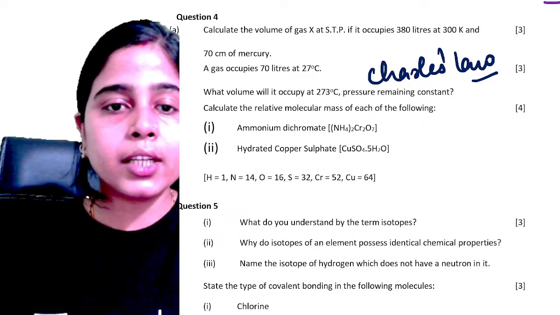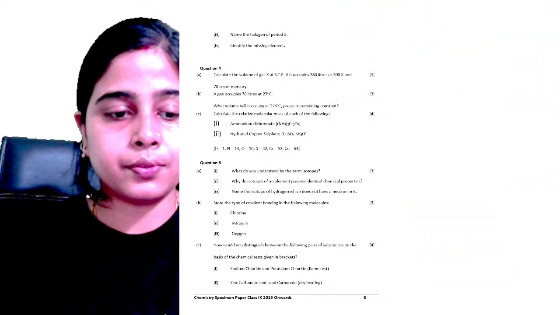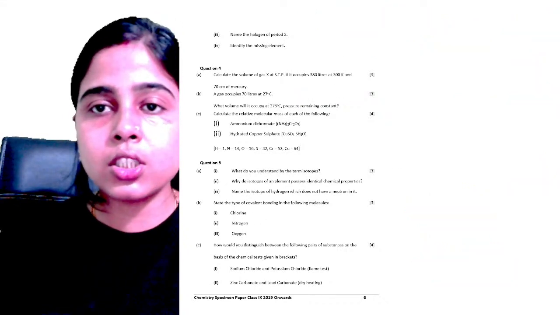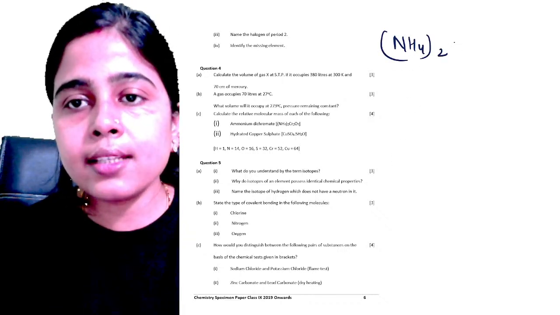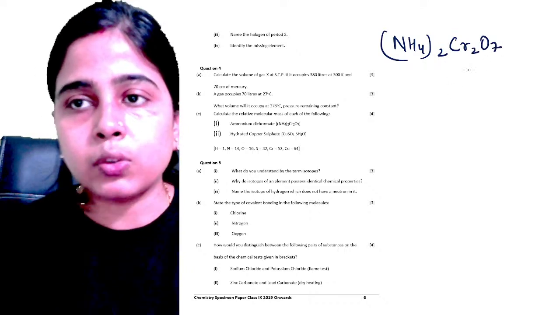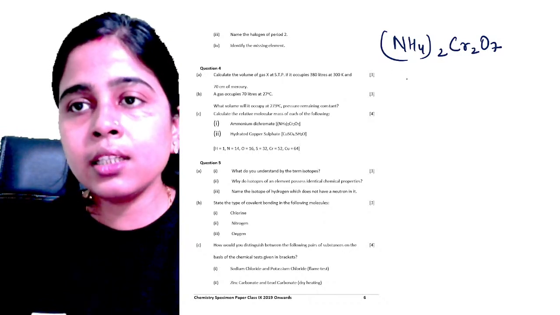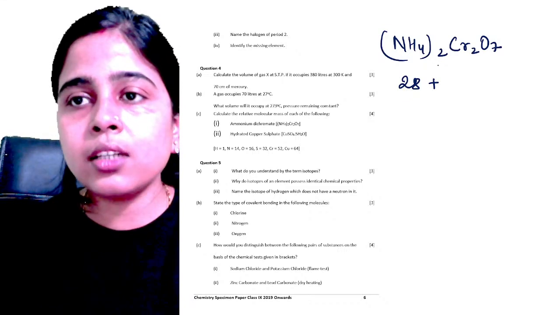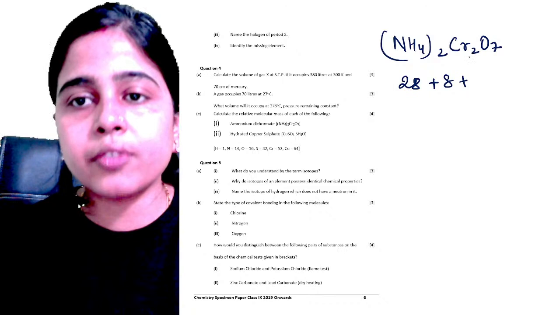Okay, so let's try to solve it. I was simultaneously solving it. Okay, it's okay, Harsh. So ammonium dichromate, you have (NH4)2Cr2O7. Yes, this is the compound. Now nitrogen has atomic mass 14. So 2 nitrogen, 14 twos are 28. Hydrogen has 1, so 4 twos are 8, so 8 plus. Chromium has atomic mass 52.